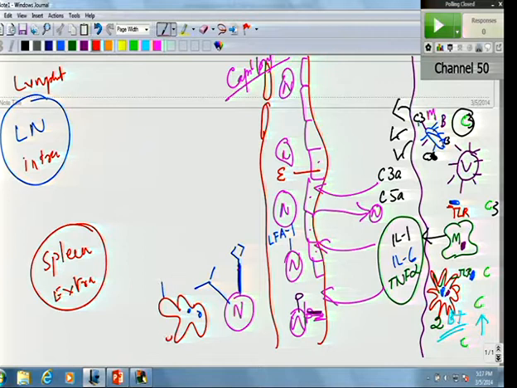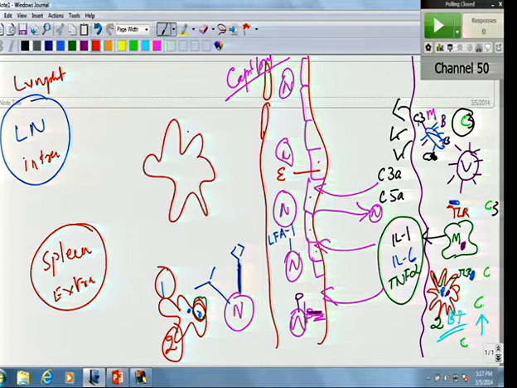Because it's a nucleated cell, it will have 1 and 2, but if the dendritic cell has phagocytosed the antigen, remember it will be enclosed in an endosome. So then the antigen will be displayed in MHC 2.